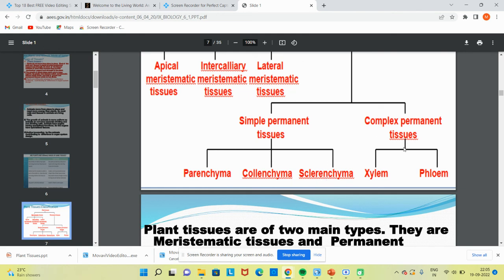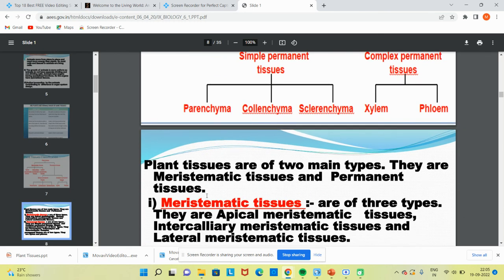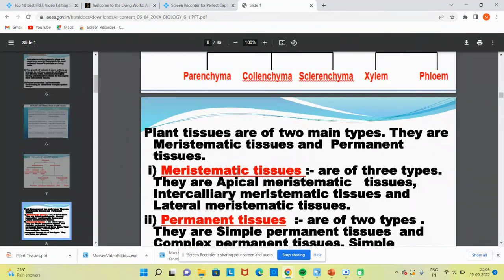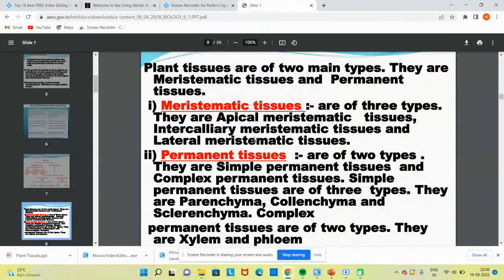Complex permanent tissues are classified into xylem and phloem. So plant tissues are of two main types, meristematic tissues and permanent tissues. Meristematic tissues are of three types: apical, lateral, and intercalary meristematic tissues.